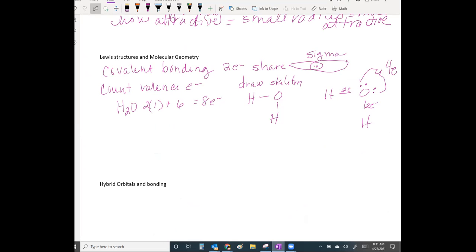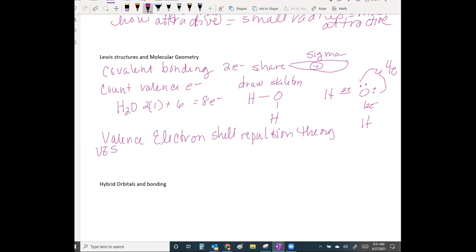Now, the molecule or the bonds orient themselves using the VSEPR model, which is valence, electron, shell, repulsion theory, or VSEPR. What am I doing wrong?